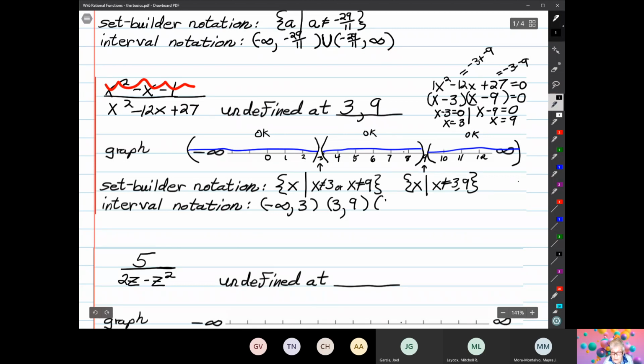And the right side of 9 to positive infinity. And we put a union symbol in between. So those are the ways in which I would write the domain.